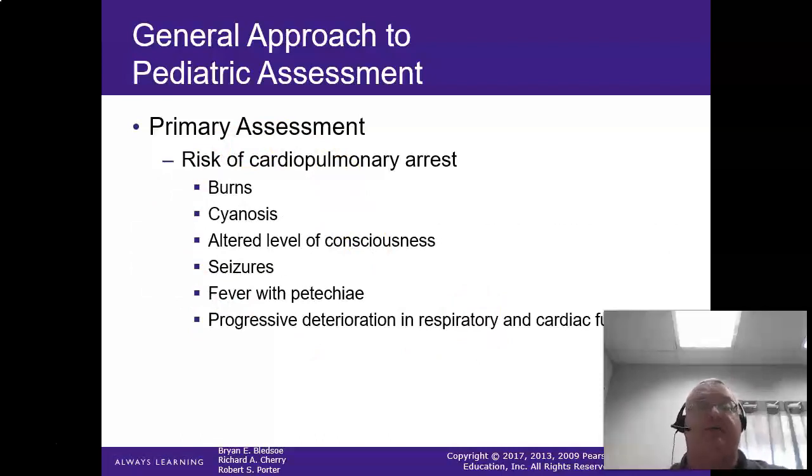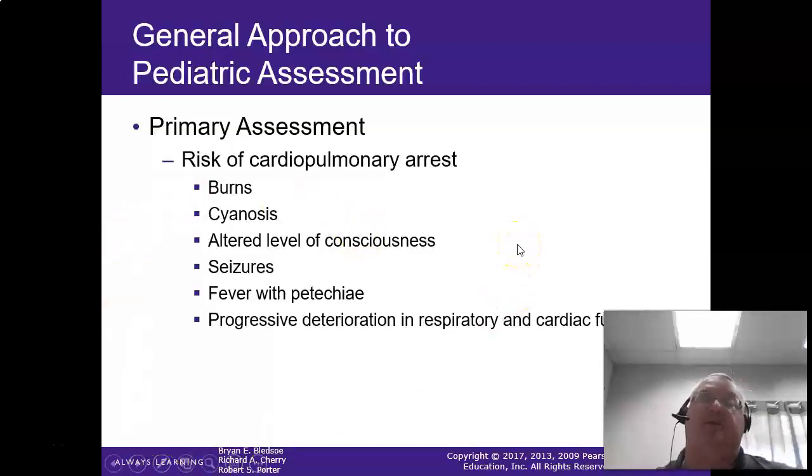Any type of altered level of consciousness, seizure activity, fever where they're breaking out into a rash, which is those small little dots, is the petechiae, okay? The bigger blotches, by the way, purpura, yeah. If you're seeing purpura, hopefully you've got your gown on at that point. Your gown and definitely your N95 on, okay?